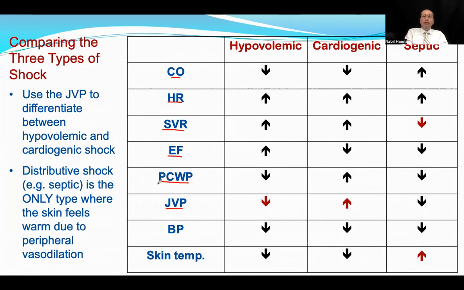So pulmonary capillary wedge pressure reflects the left ventricular pressure. Jugular venous pressure reflects the right ventricular pressure. And here we have, of course, the blood pressure and skin temperature.